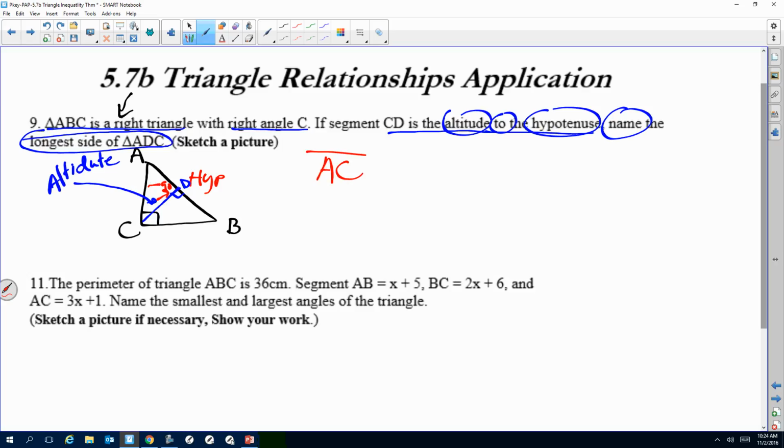Opposite the angle, because at the D is the 90. D has the 90 degrees. You look opposite, and that would be this side, AC. D has the angle 90 degrees. That has to be the biggest angle. Okay, we look across opposite that. That is the biggest side, AC.